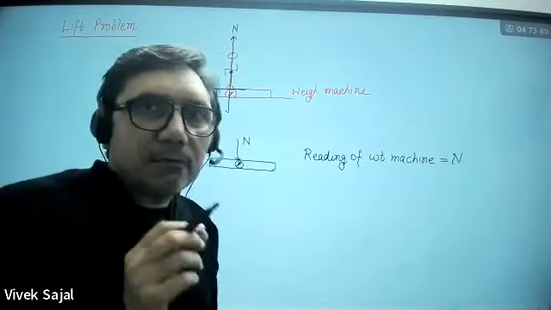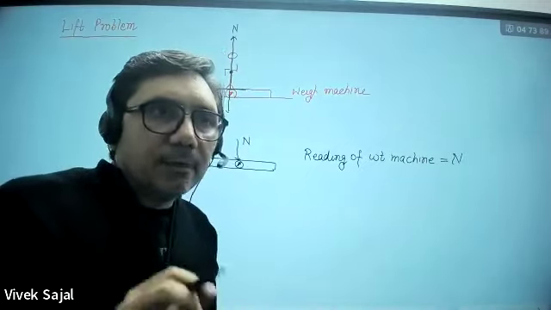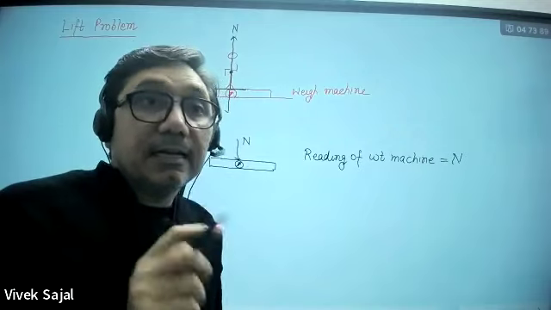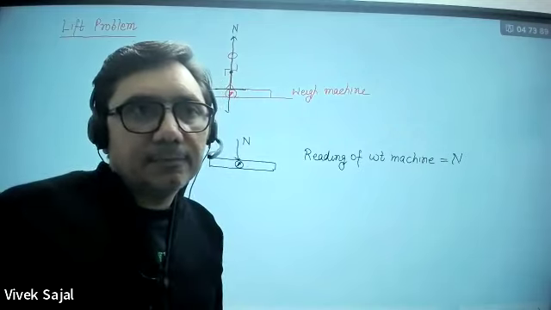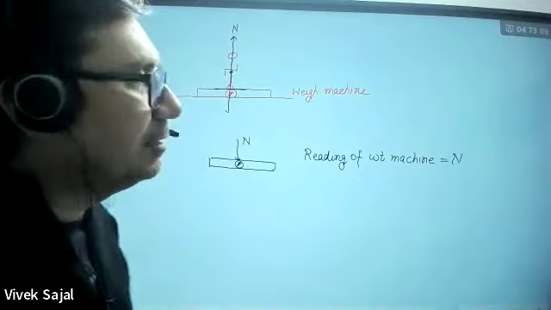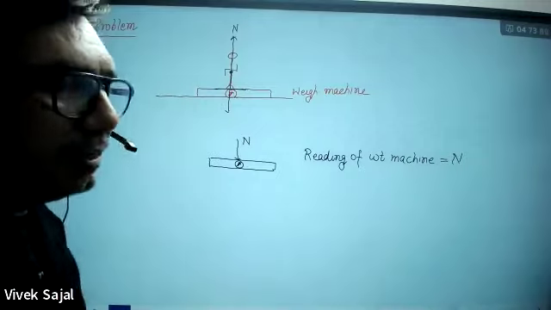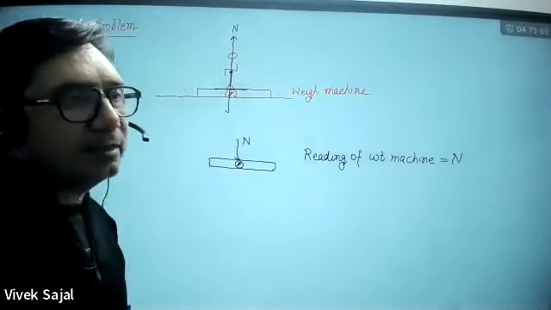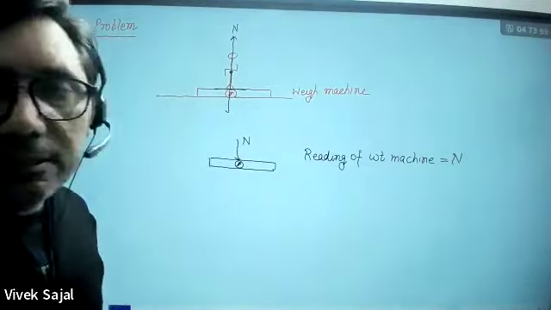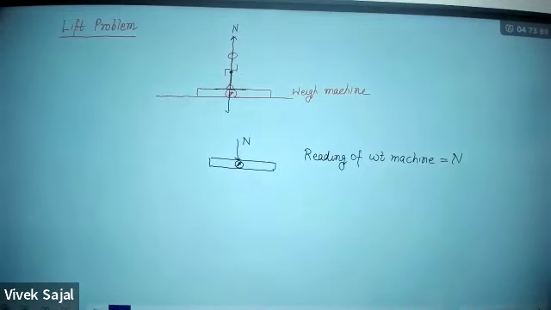Whatever reading this machine gives us is actually the normal reaction N. Always keep this aspect in mind in all types of problems related to weighing machines. The machine is going to read the normal reaction, so whatever the normal reaction is, that will be the weight you observe on the weighing machine.